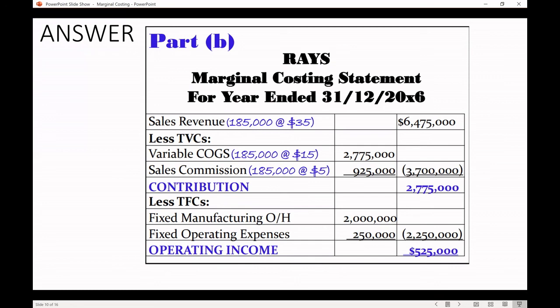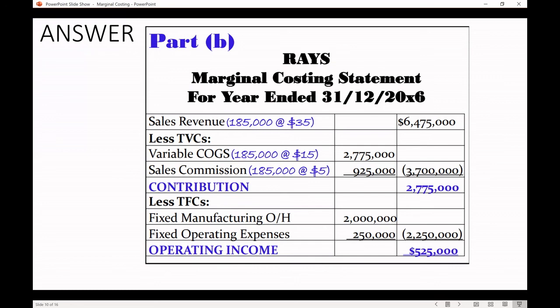Your heading includes the name of the company, in this case RAISE, the statement we're doing, the marginal costing statement, and the period, which is the year ended December 31st, 20x6.